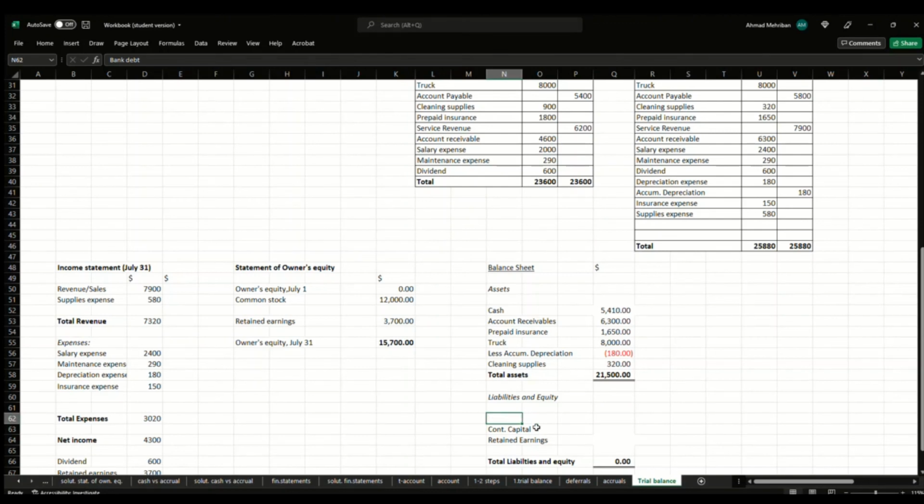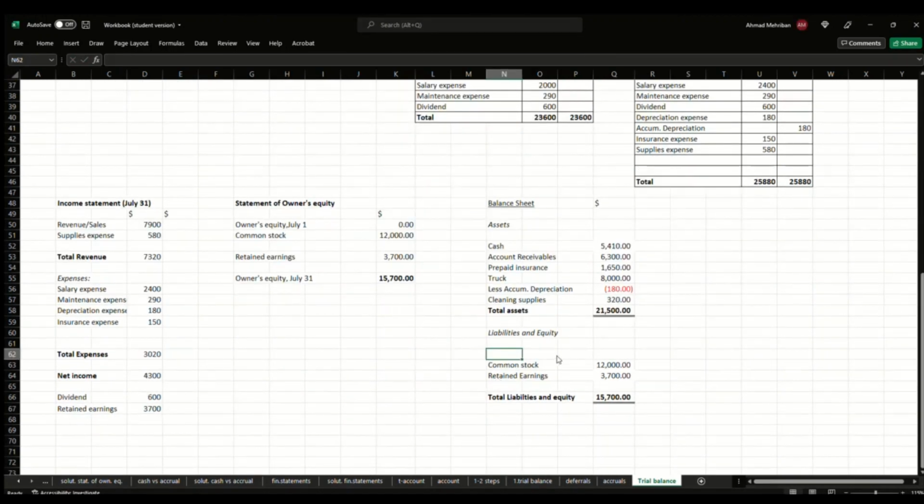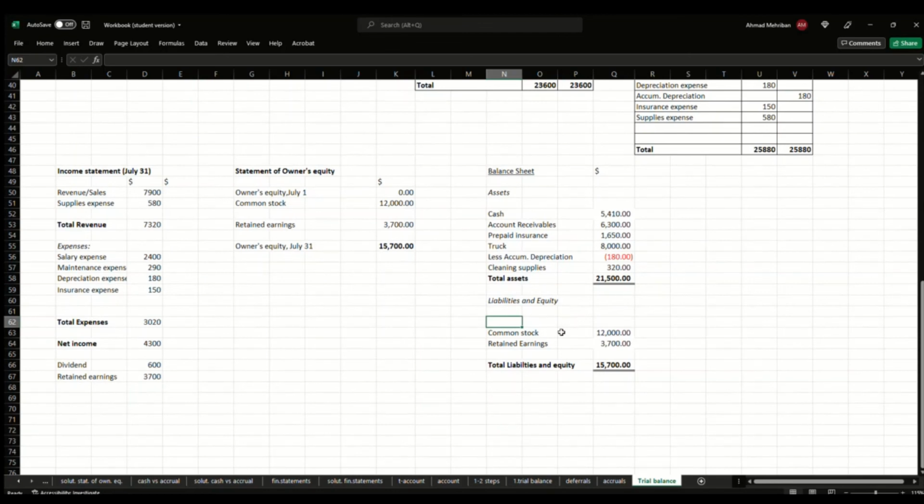Now, bank debt, we don't have any bank debt, but we have common stock, which is 12,000. We have retained earnings, which is 3,700. As you can see, we have found 21,500 for total assets, but our total liabilities and equity don't match.